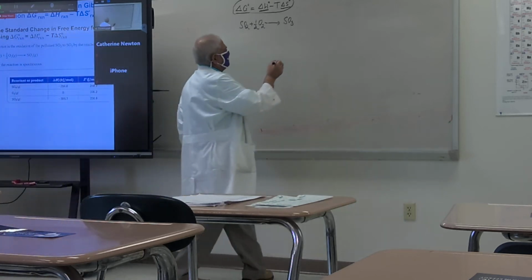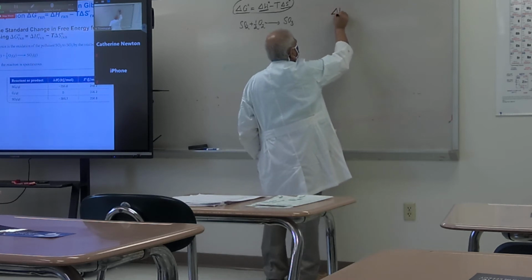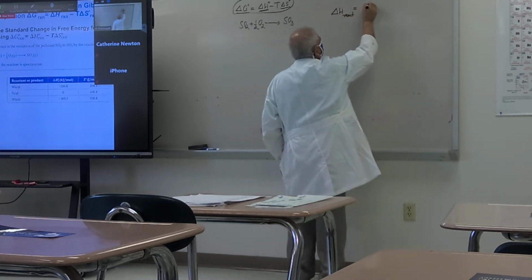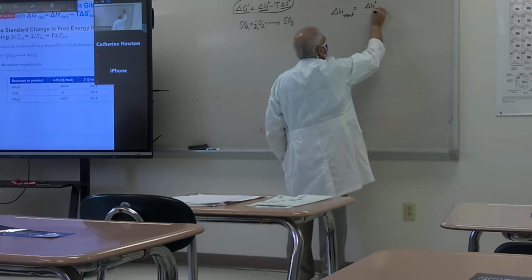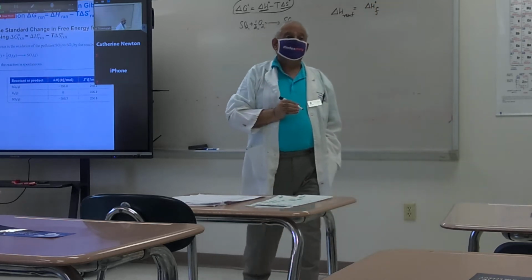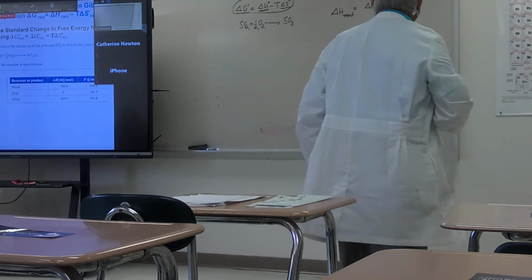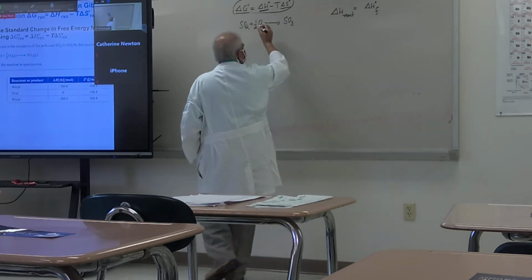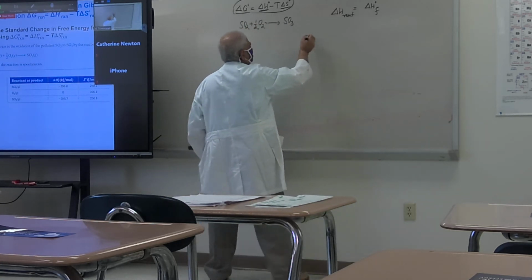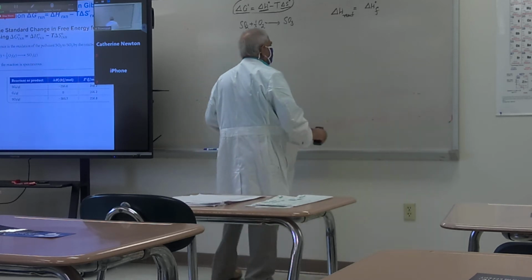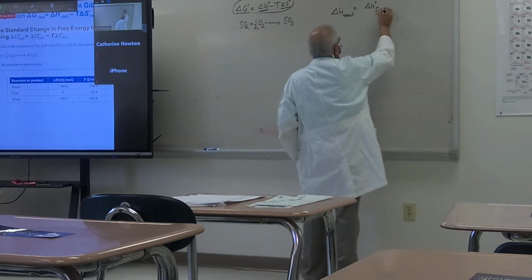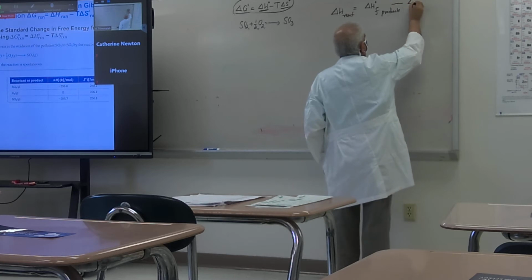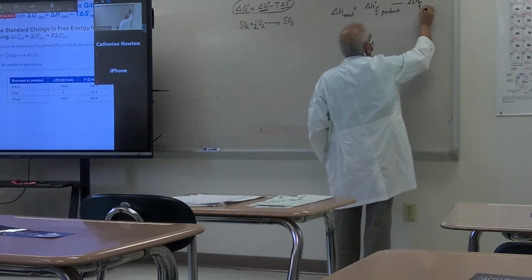You must remember this. Delta H of a reaction equals delta H0 F. F stands for formation, okay? Enthalpy of formation. So now you have to find this delta H, which is equal to enthalpy of formation of the products minus enthalpy of formation of the reactants.